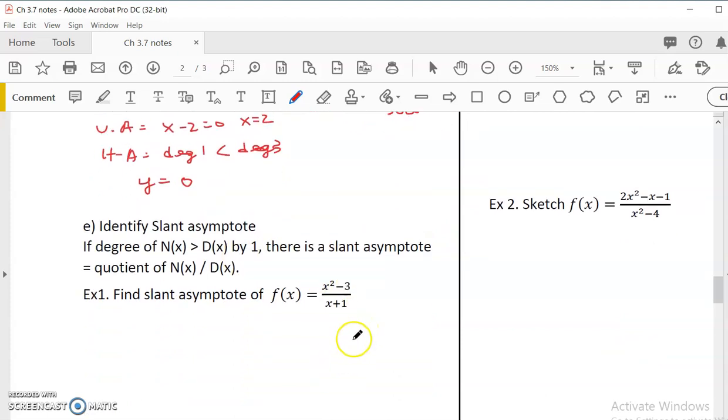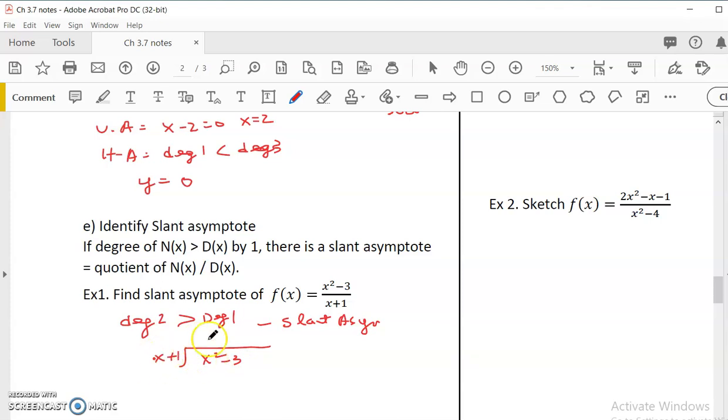The next thing we want to do is slant asymptote. This happens when the numerator's degree is higher than the denominator's. So we say degree 2 is higher than degree 1, so we have a slant asymptote. And how do I find it? You find it by doing long division. Okay, x squared minus 3 divided by x plus 1.